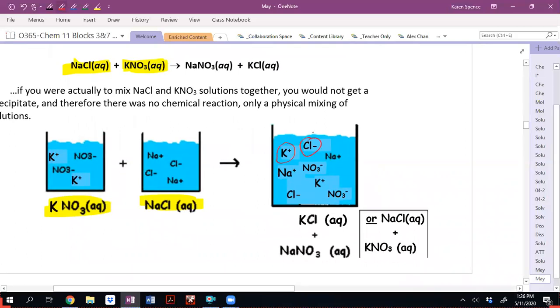Everybody is still dissolved. Has anybody changed at all from start to finish? Have any of the ions become something different?